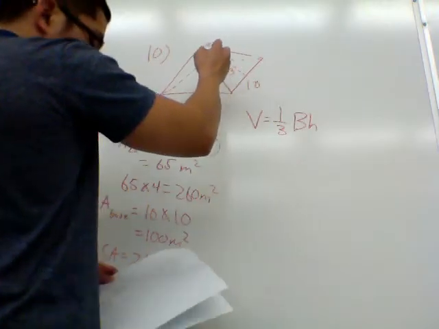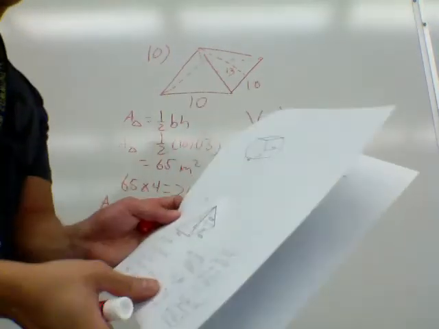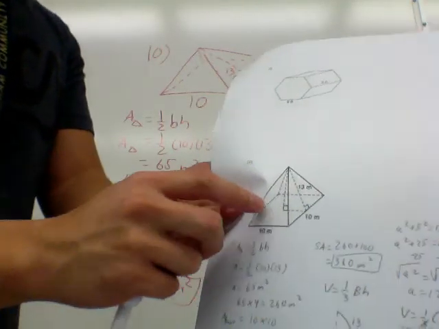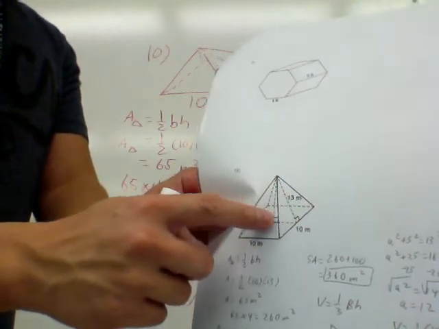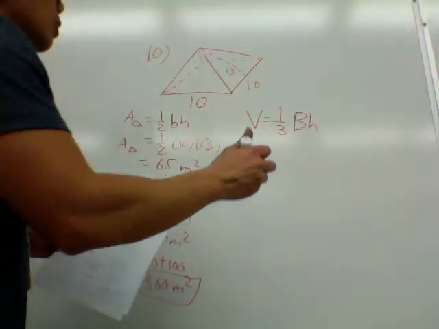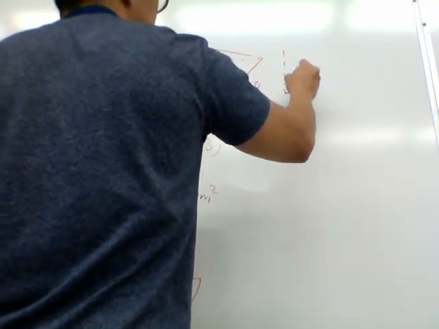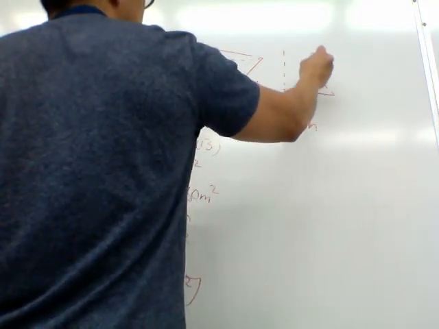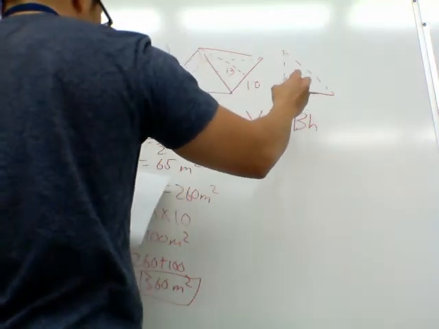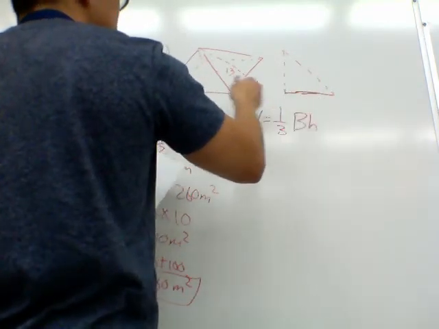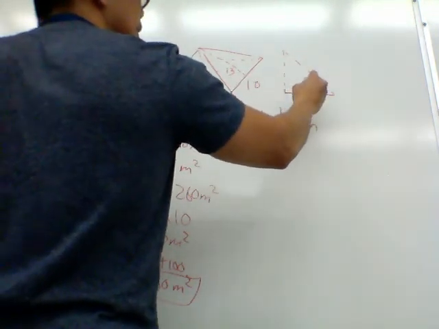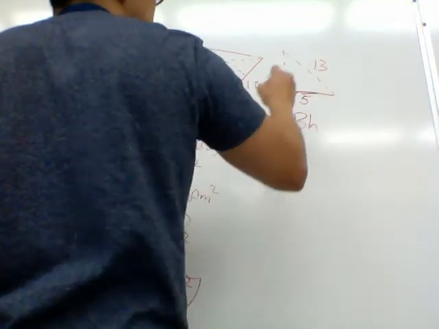So what we're going to do, and you could actually see on your paper, it's better than what I can do. They kind of drew in a little triangle for you right there. Right? So what I'm going to do to find this height is use the Pythagorean Theorem. If it's 10 all the way across, this is 5 and this is 13.